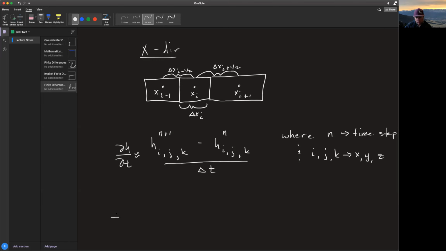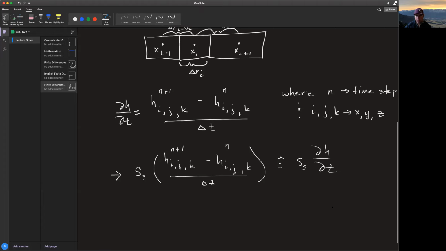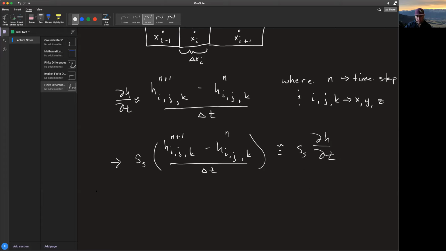We can write our left-hand side as Ss times h i, j, k, n plus 1 minus h i, j, k, n over delta t, and that is approximately equal to Ss dh/dt.